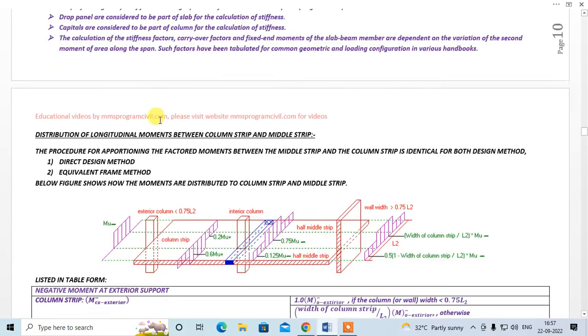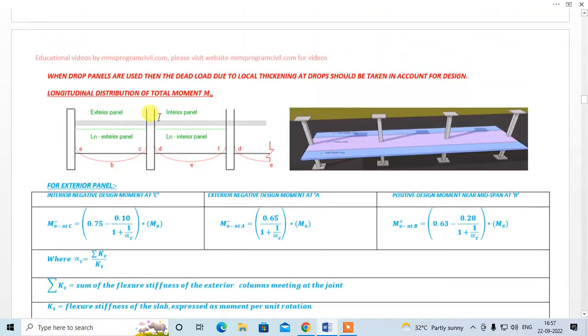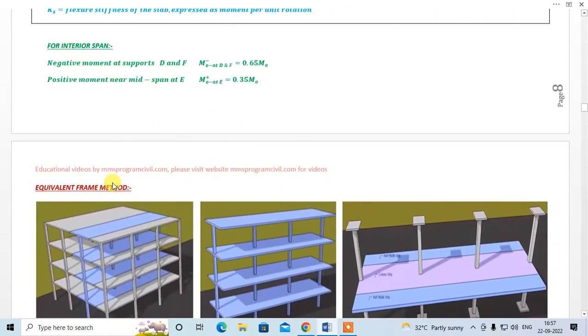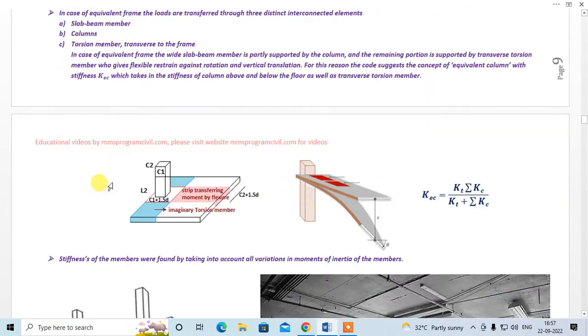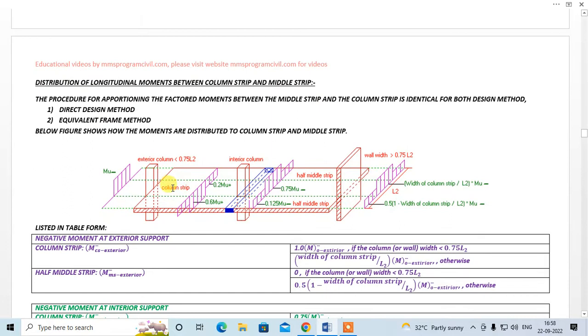This is our A, which we obtained from DDM. That whole moment will be taken by the column strip, and the moment transferred to the half middle strip will be zero.